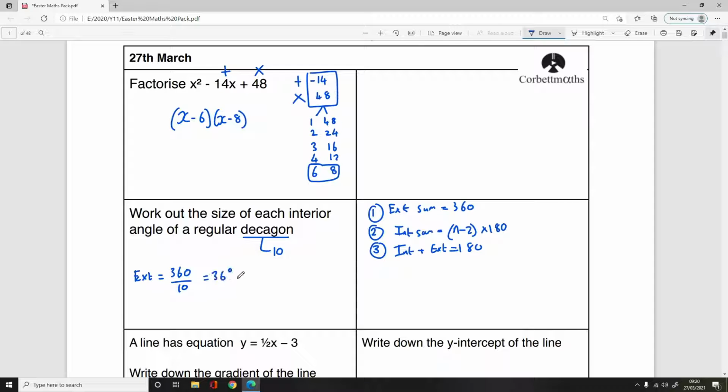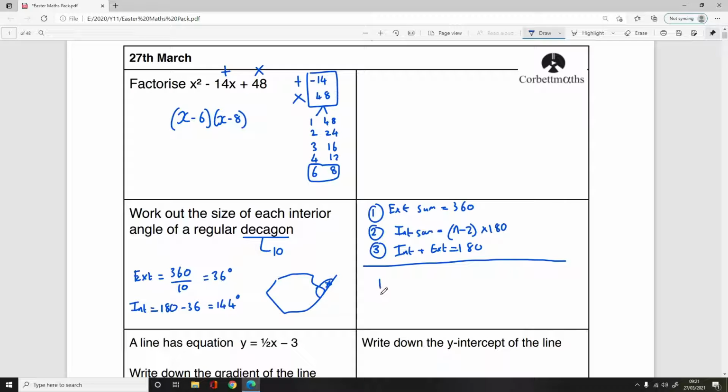One exterior angle of this shape is 36, so if you imagine you've got your decagon, we're saying this here is your 36. Your interior angle then adds up to 180 with that, so the interior angle, which is what we're after, is 180 take away 36, which is 144. You could, of course, have done it using rule 2. So with rule 2, we would go interior sum.